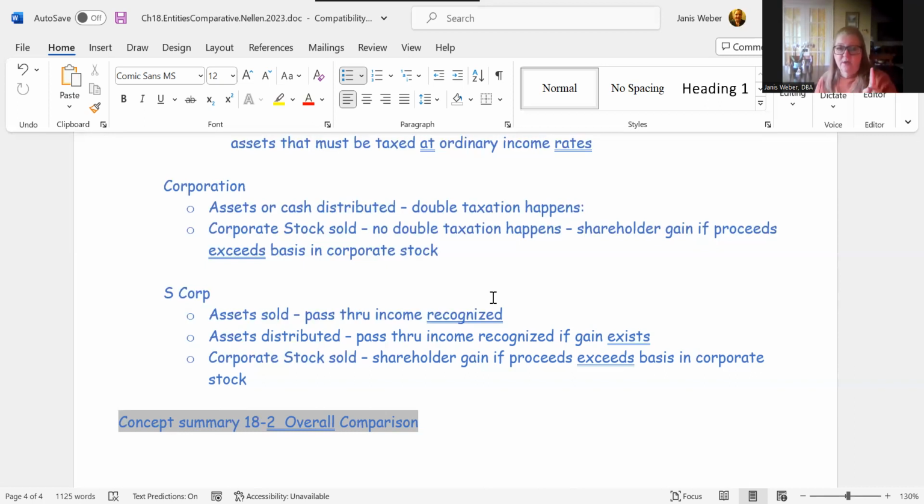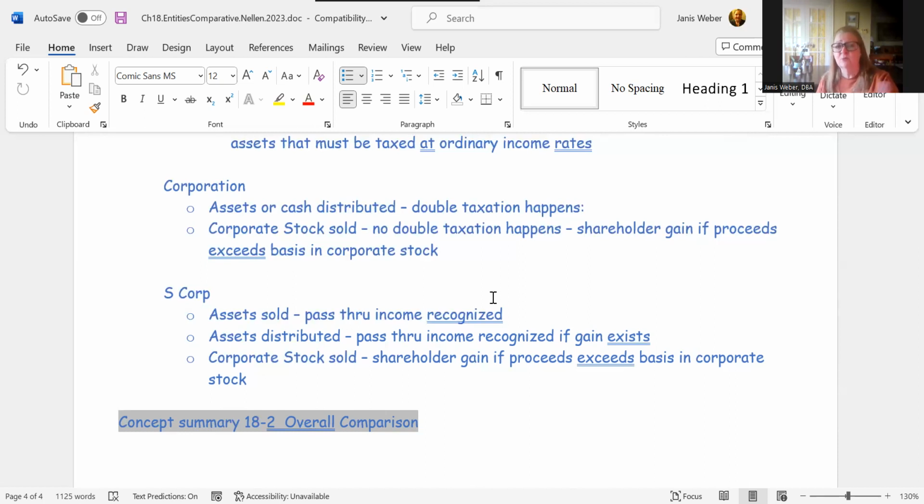S corporation: if the assets are sold, then a pass-through would happen, of course, because any income that's reported by the S corporation is shared by those investors. Because of the conduit, everybody would take a share of that amount of the gain. And if they distribute the assets instead, the pass-through would still happen, because the income would be recognized as if there was gain in the transaction.